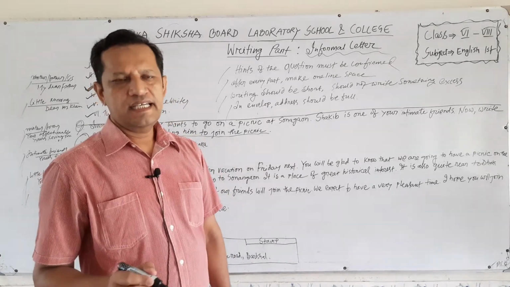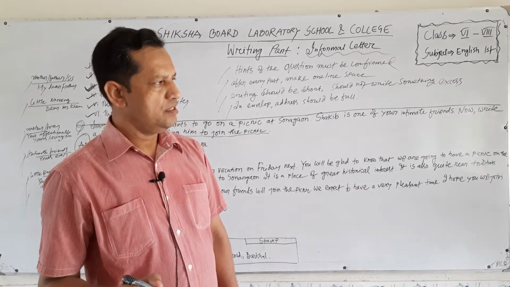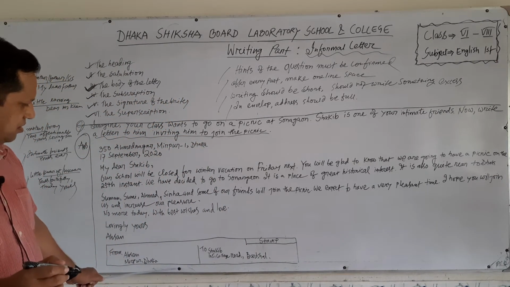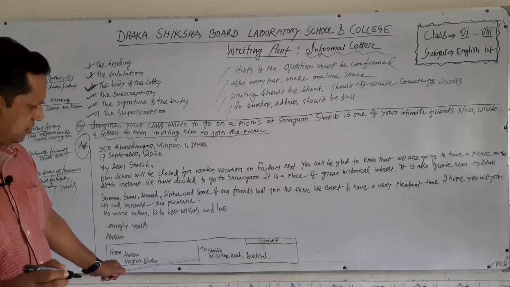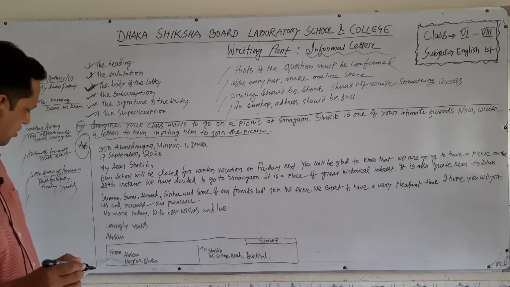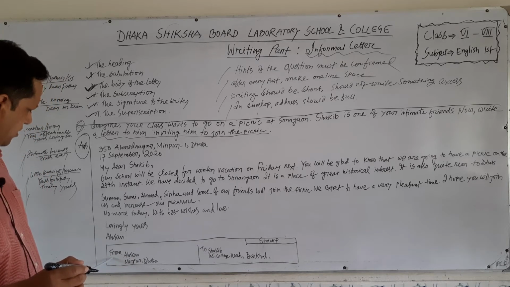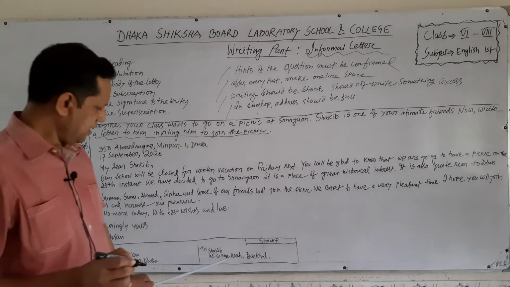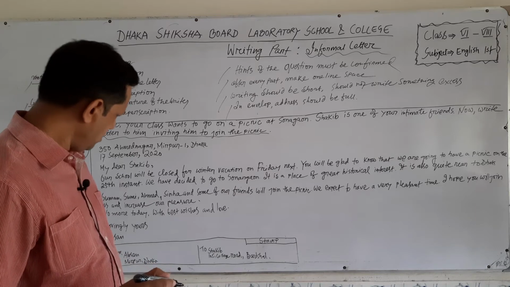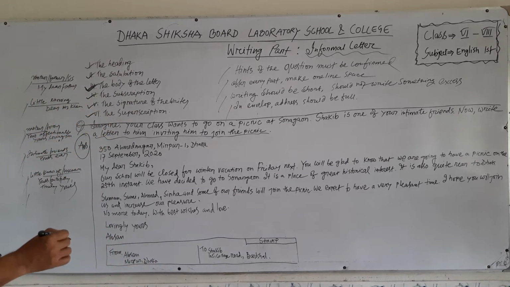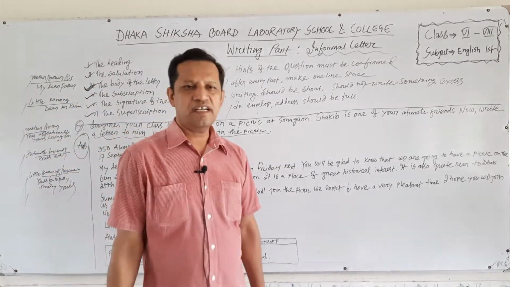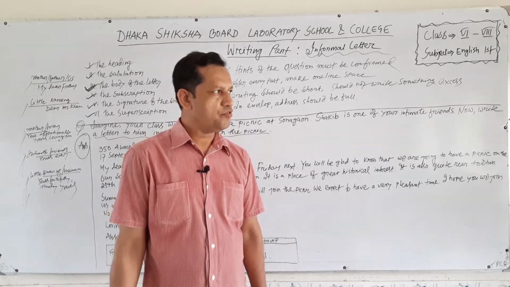Here the writer has to draw an envelope, and in the envelope he or she has to write the receiver's address and also his or her own address at the left side of the letter, and at the right side of the letter would be the address of the receiver of the letter.